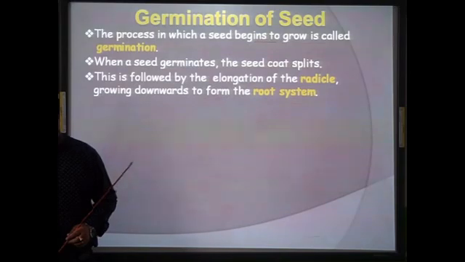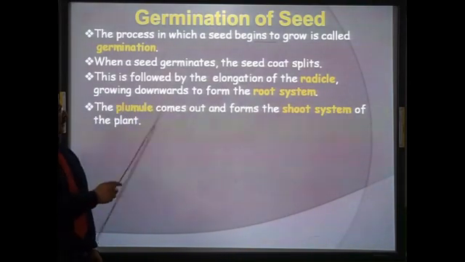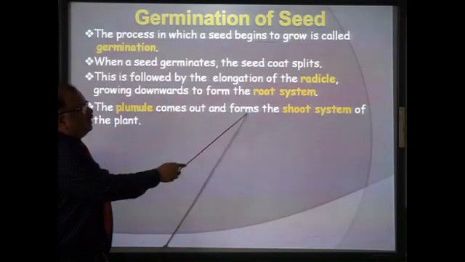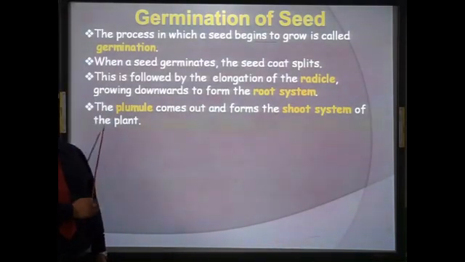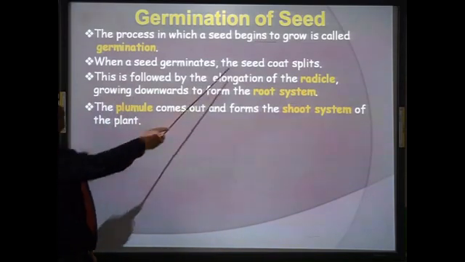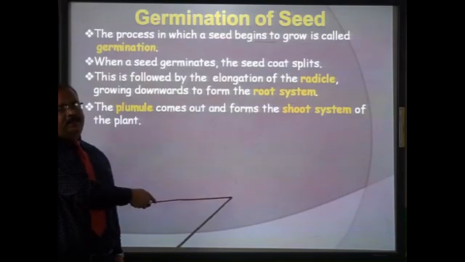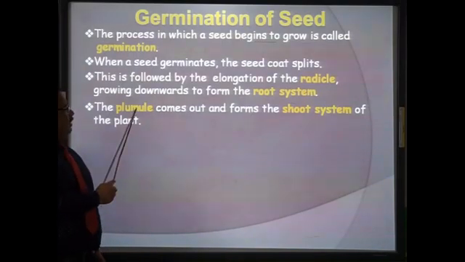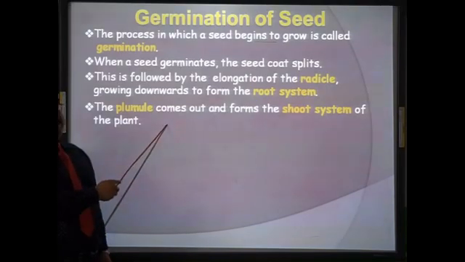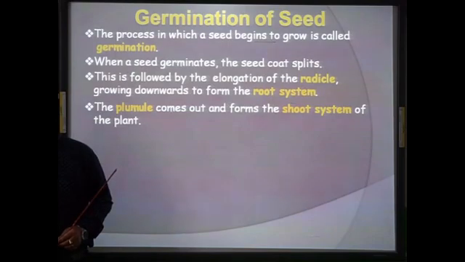On the other hand, the plumule, the upper portion, comes out and forms the shoot system of the plant. So, when it starts germinating, the seed coat splits, the radicle goes down and develops into a root system. At the same time, the plumule also comes out and forms the shoot system of the plant.